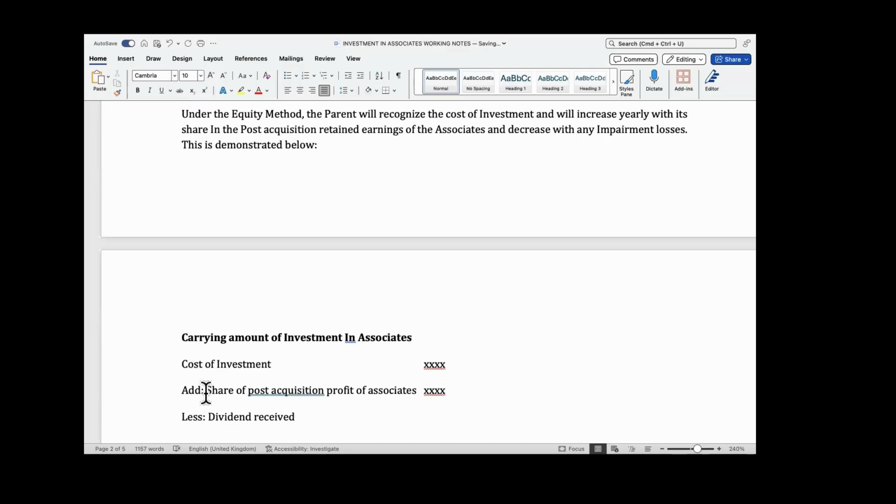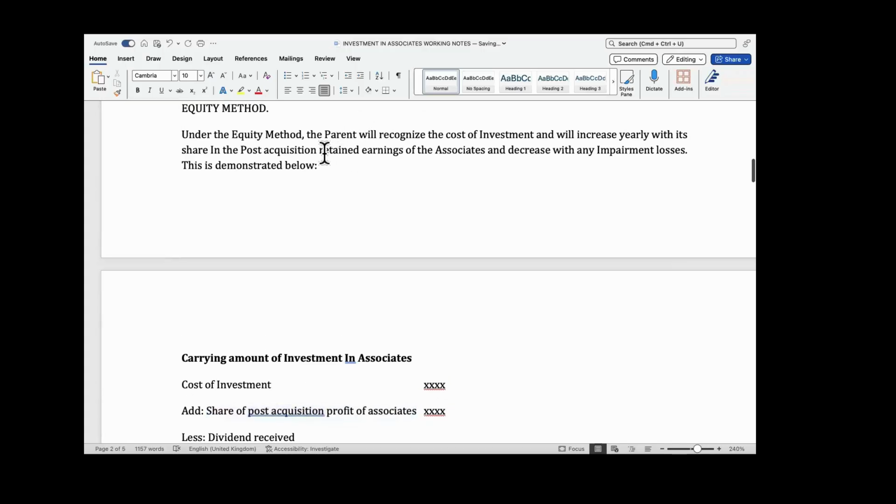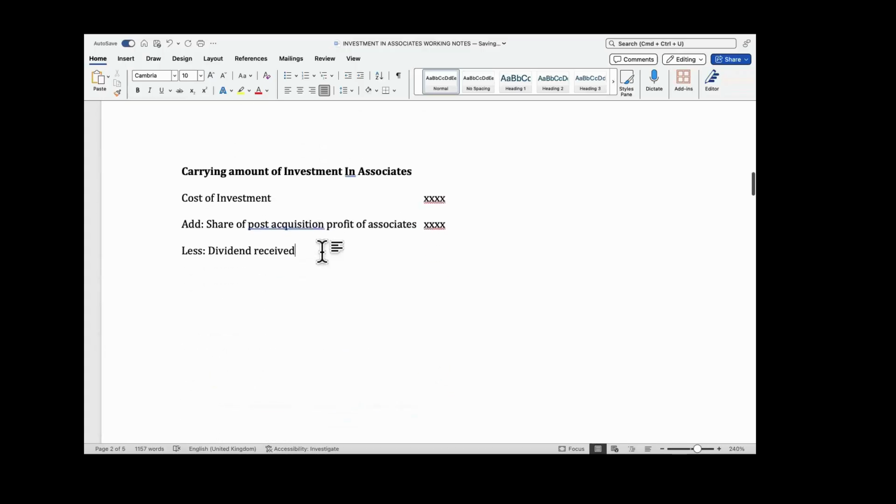By the time you deduct the dividend you received, that's as good as getting a share of retained earnings, because that's what you're supposed to get a share of. So we usually deduct any dividend received from the associates.